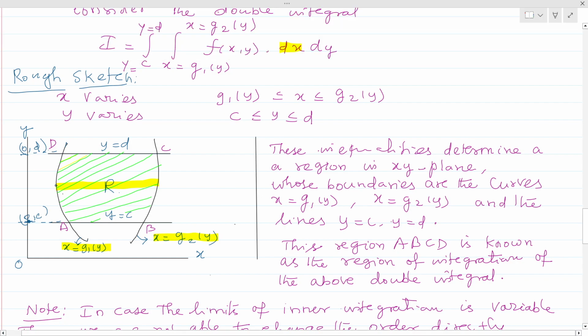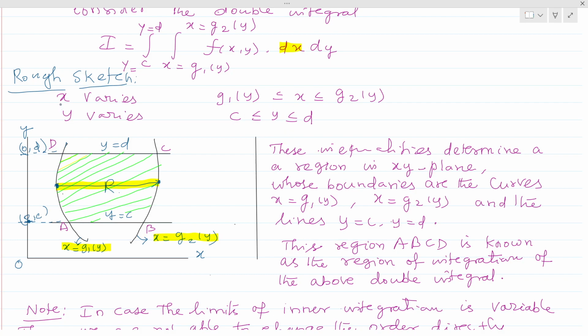If you draw the line parallel to the x axis, in the region it starts from x equal to g1 of y and ends at x equal to g2 of y. Okay.